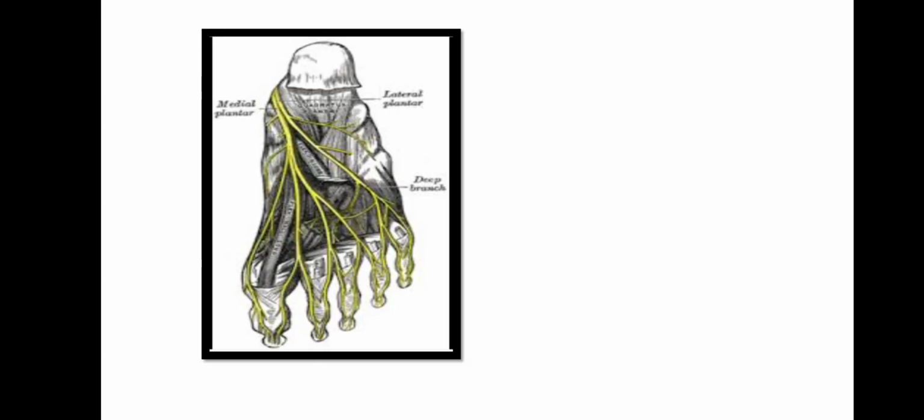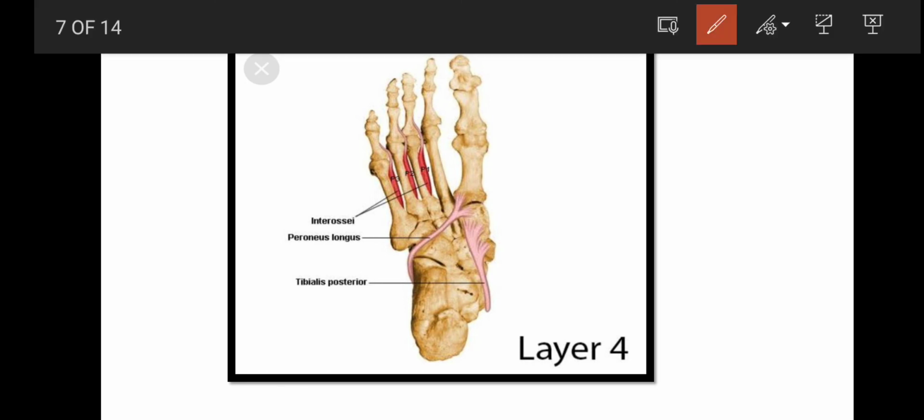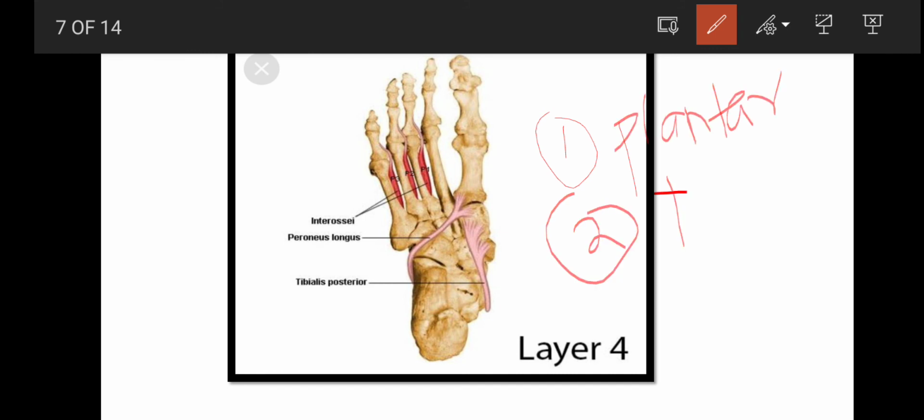The other two muscle groups are the interossei muscles, as you have learned in the upper limb also. Now there are two sets of interossei muscles: plantar interossei muscles as well as dorsal interossei muscles.